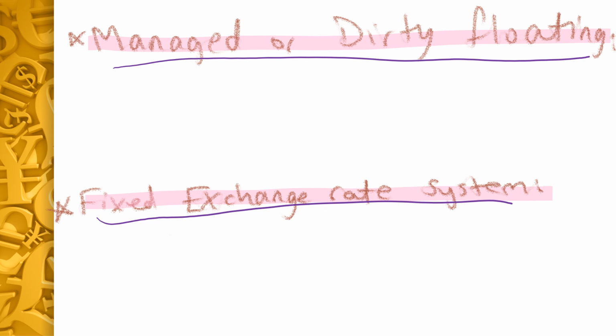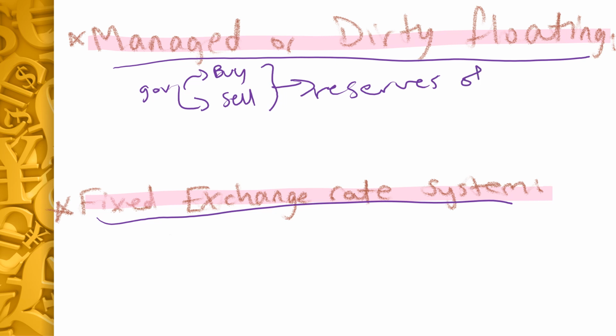When I am talking about managed or dirty floating, you got to understand that it is when the government will either buy or sell its own currency. This is the main reason why governments keep reserves of gold and different currencies.